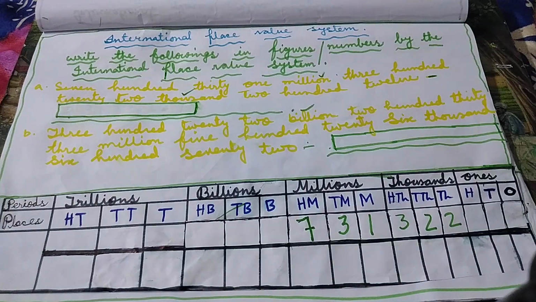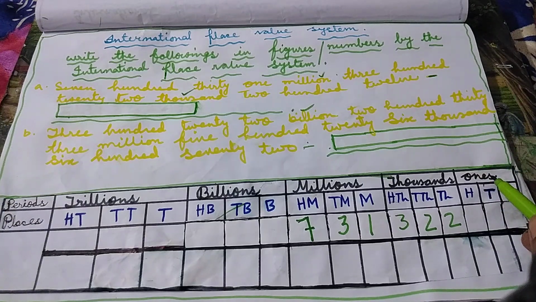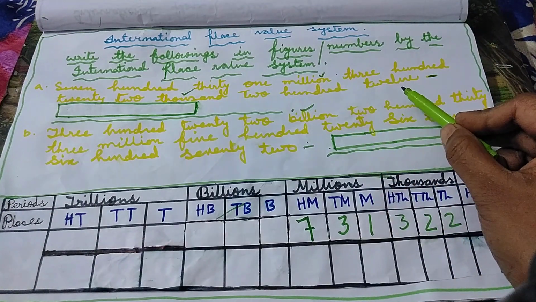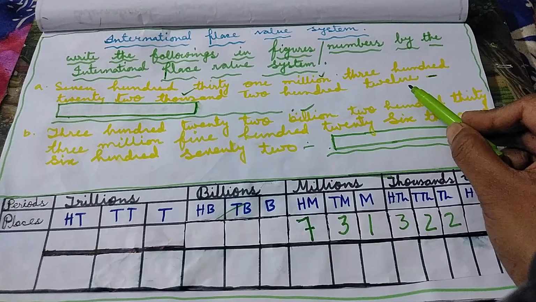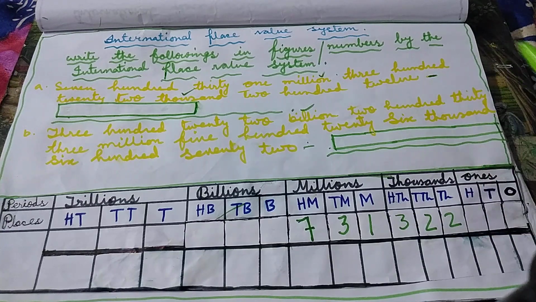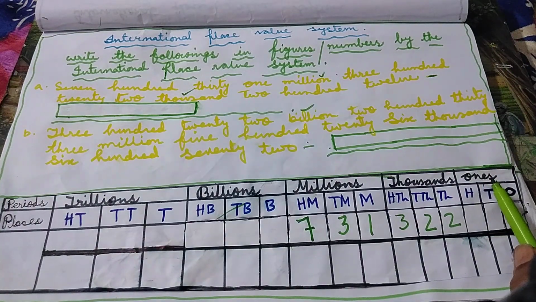212. It is the ones period. Okay. It is the ones period. 212. After 12, nothing is there. So it is the ones period or ones group.